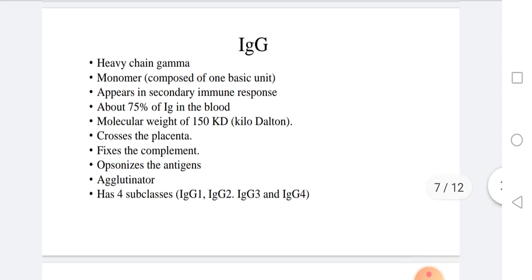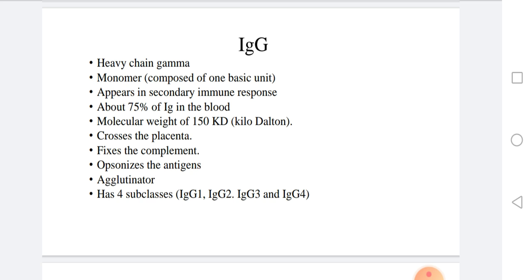The other class, IgG, its heavy chain is gamma. It is a monomer. It is composed of 1 basic unit. It appears in the secondary immune response. It constitutes about 75% of immunoglobulin in the blood. It is the most abundant immunoglobulin. It has a molecular weight of 150 kilodaltons. It is the lightest immunoglobulin.